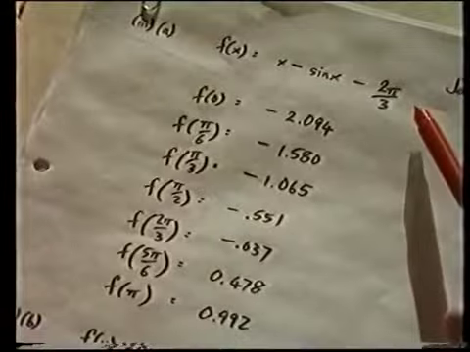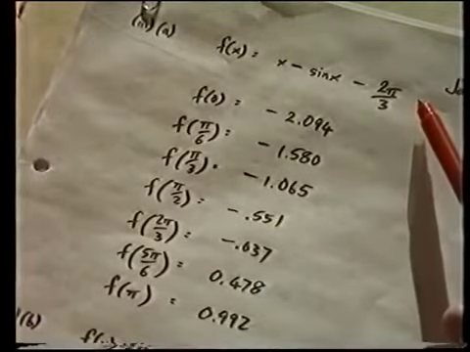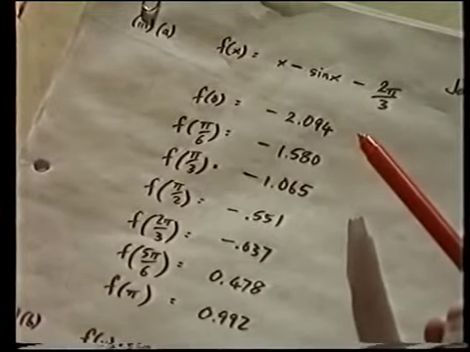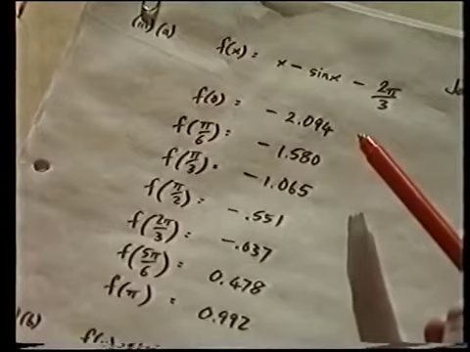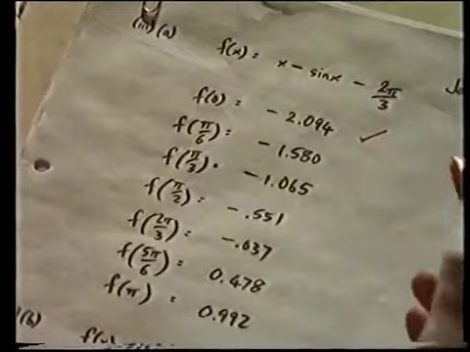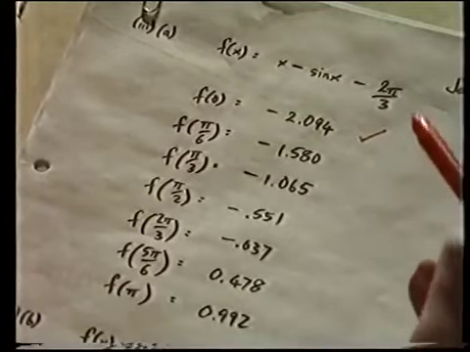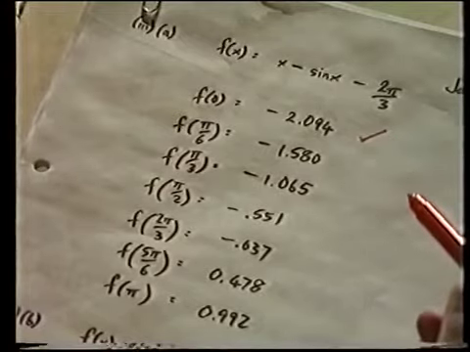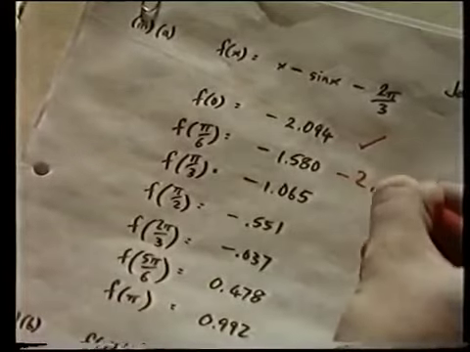Well, let's look at some answers to part A. Now, what this student has done is written down the rule for f, and now he's got f of 0 equals minus 2.094. Well, I'll have to check that answer up on my mark scheme, and it agrees. Now, for f of pi by 6, the student has got minus 1.580, but the mark scheme has got minus 2.071.